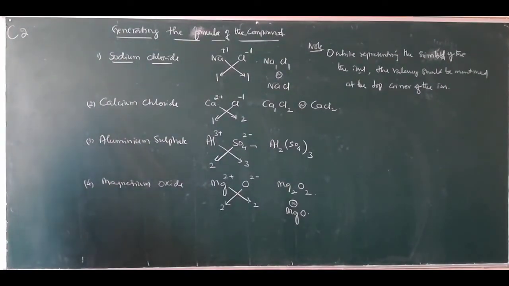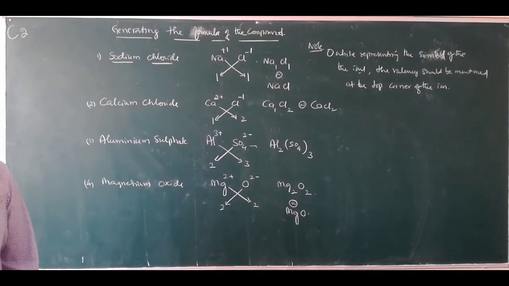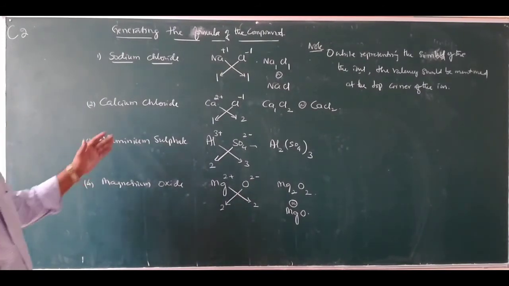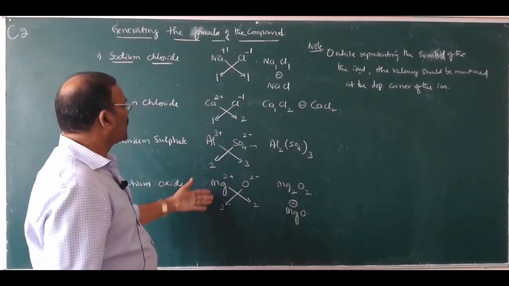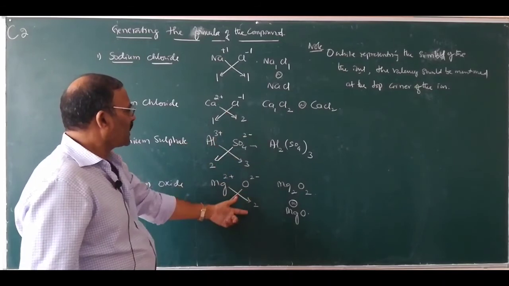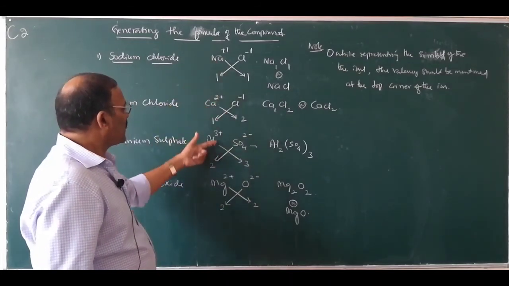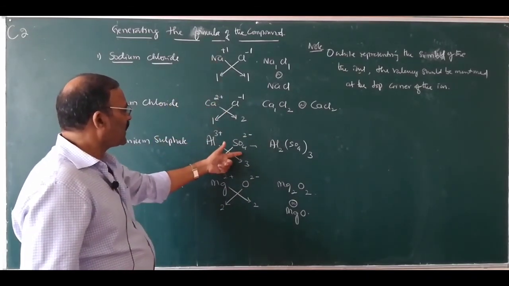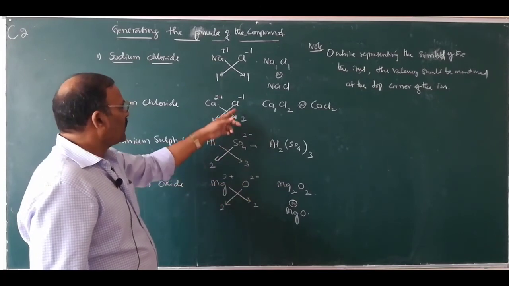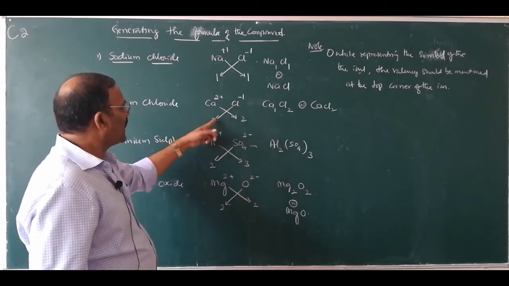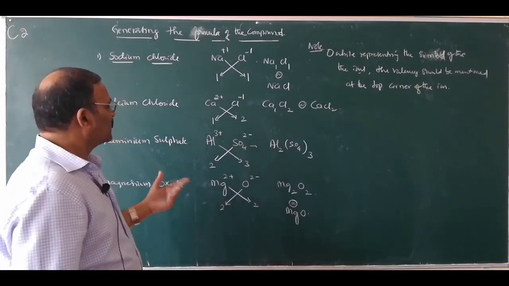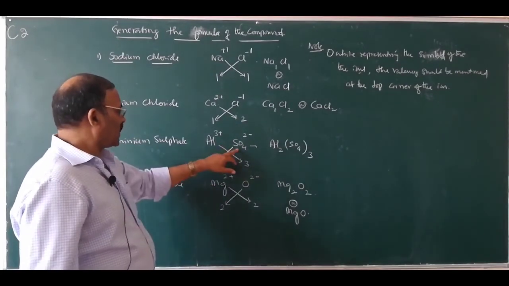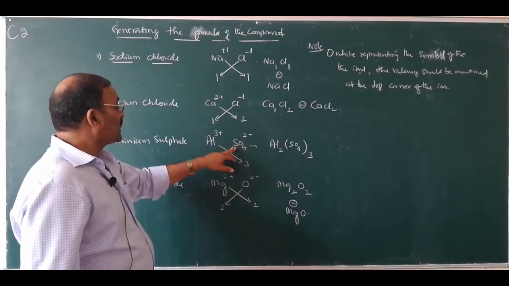So like that we can generate the formula of a compound, provided you know the formula of the cation and the formula of the anion, writing the valency of the cation under the anion and the valency of the anion under the cation, so that the compound becomes electrically neutral.